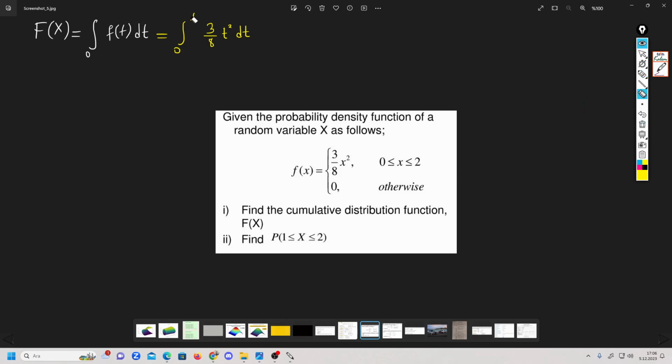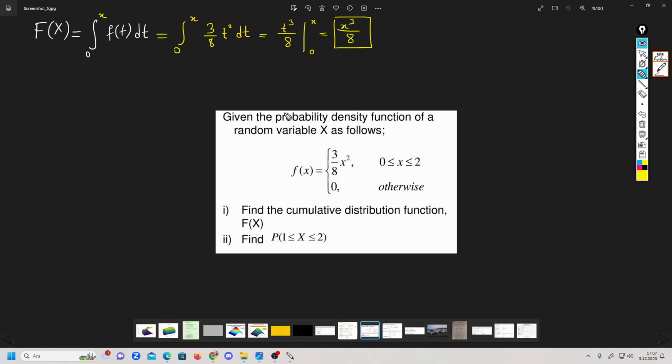I am sorry for this. This should be x. This should be x, okay? So t cube divided by 8 from 0 to x, it is x cube divided by 8.